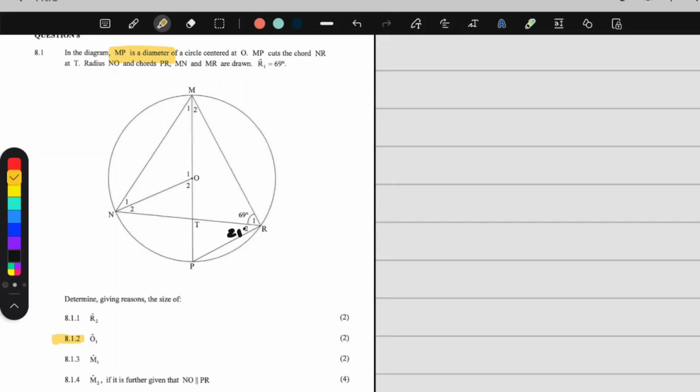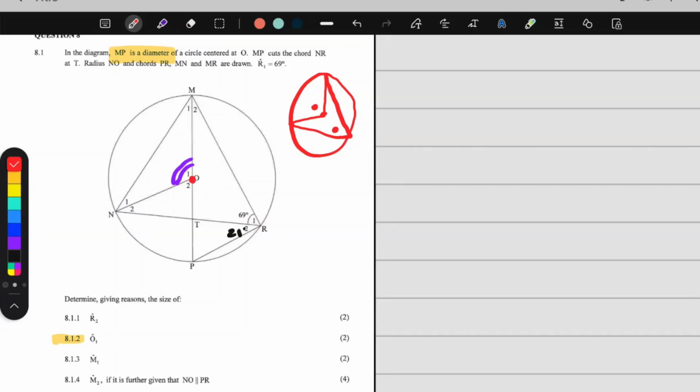Okay, let's look at the next question. 8.1.2 says calculate the size of angle O1. O1 is at the center over there. Because it's at the center, I'm going to look for angle at center twice angle at circumference. So this one is twice this one. Let's see if we can find something like that.